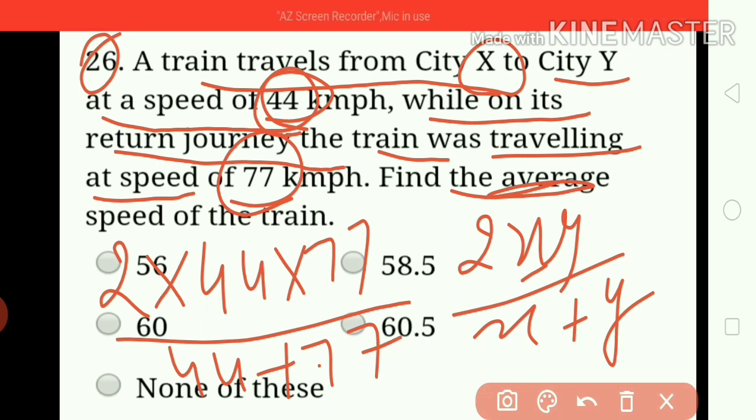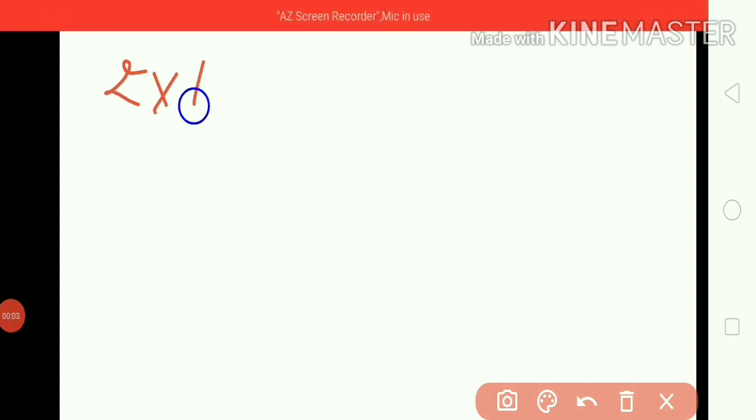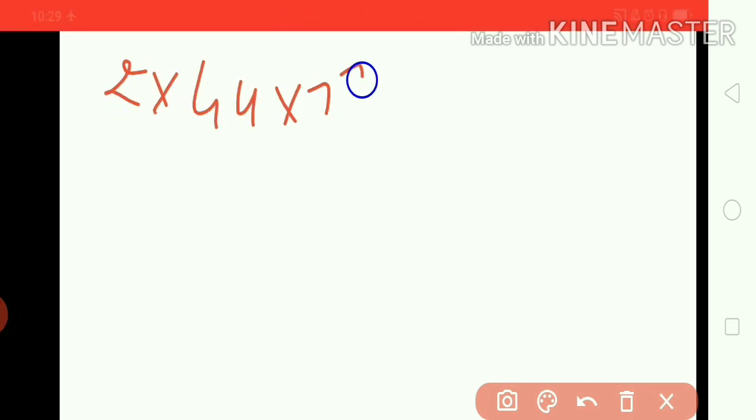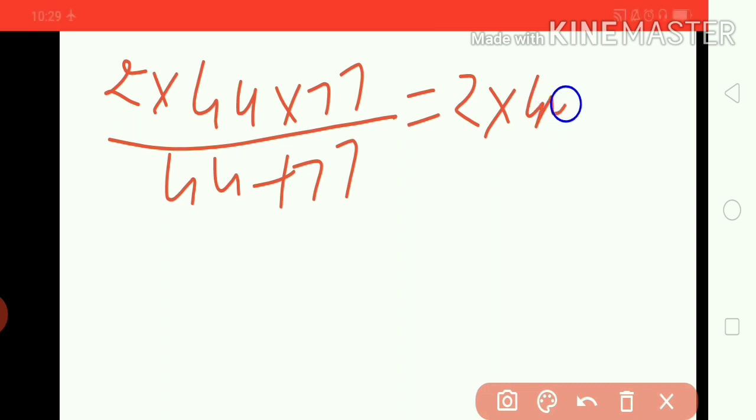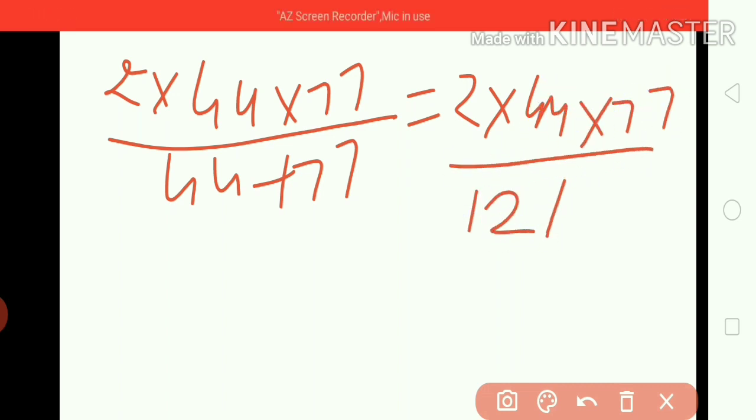So at first we will do the addition. Let us rewrite it: 2 multiplied by 44 multiplied by 77 divided by 44 plus 77. This is equal to 2 into 44 into 77 by, when you add, 121.